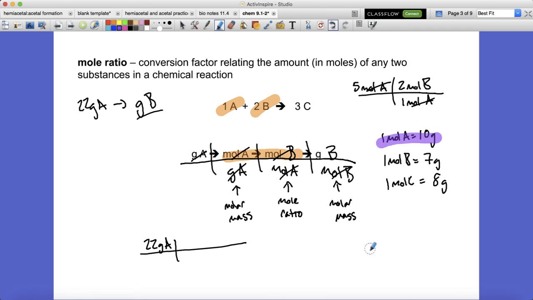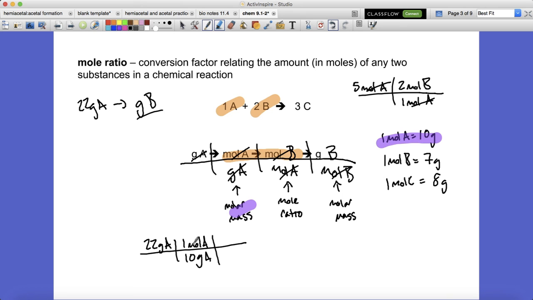Which would be this factor over here. I need to use a molar mass because 10 grams is equal to 1 mole of A. Then I can convert grams of A into moles of A by dividing by 10.